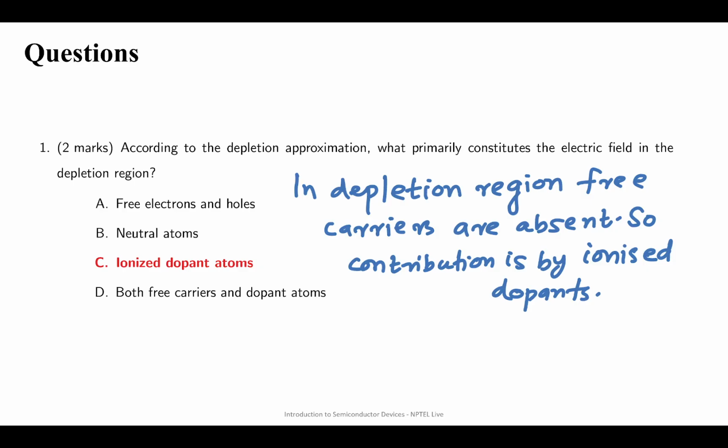The answer is C, ionized dopant atoms, because as per the depletion approximation, the depletion region does not have any free carriers. The free carriers are absent, so only the ionized dopants are left. The electric field will be due to these ionized dopant atoms.